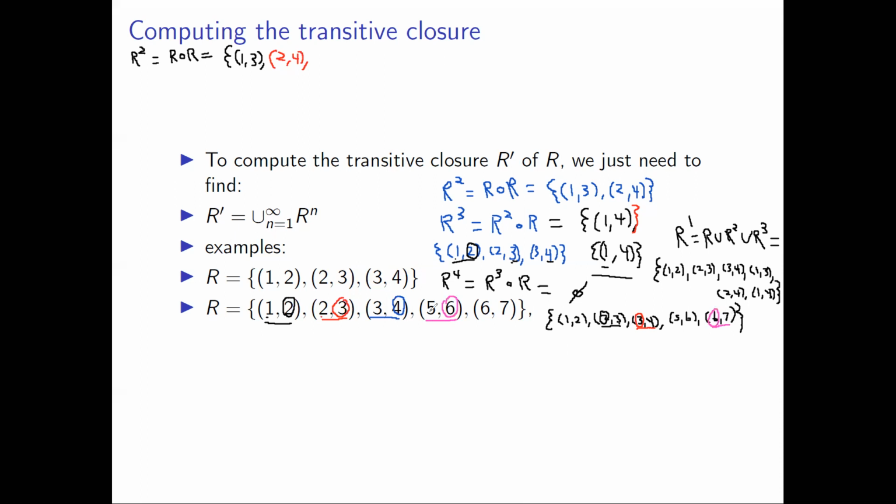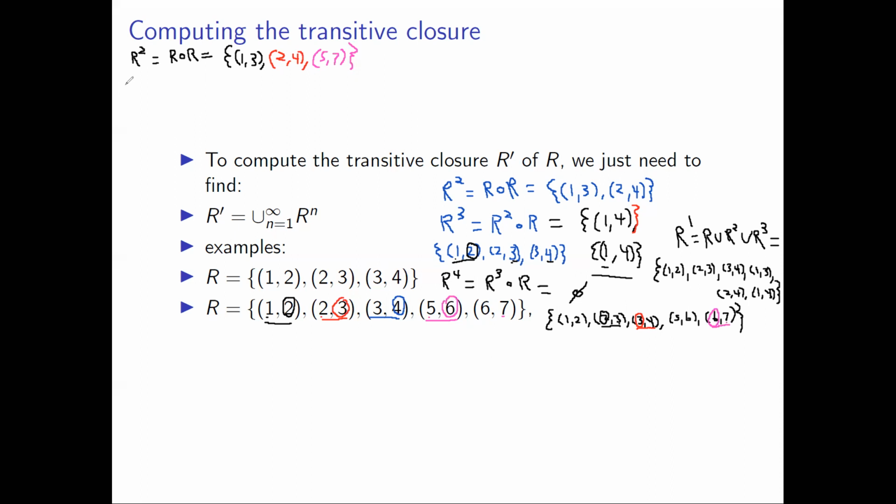So we have the 5 here, and then the 7 from there. And then with the 6, 7, it ends with the 7. There's nothing that starts with the 7 over here. So we can't make anything with that 6, 7. So R squared has 3 elements, the 1, 3, the 2, 4, and the 5, 7.